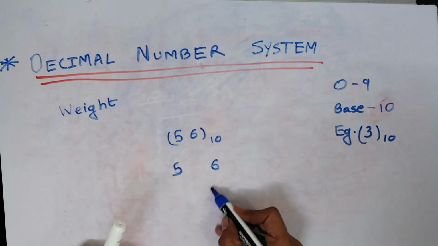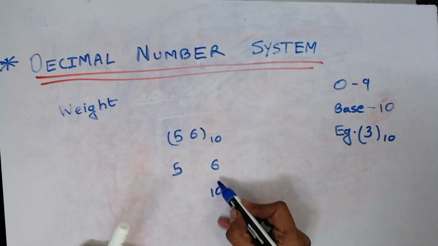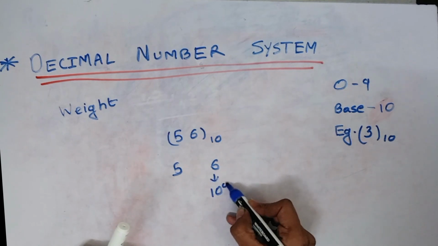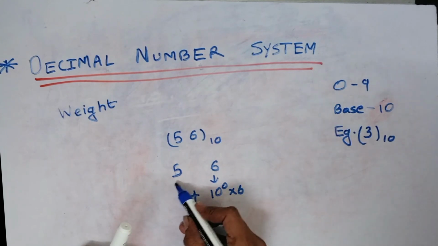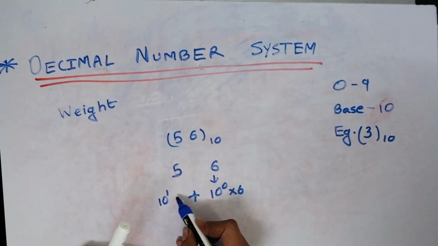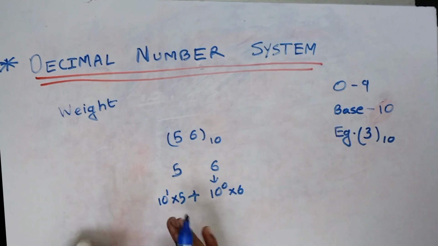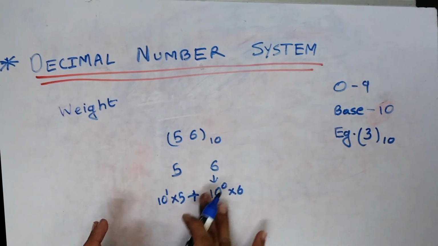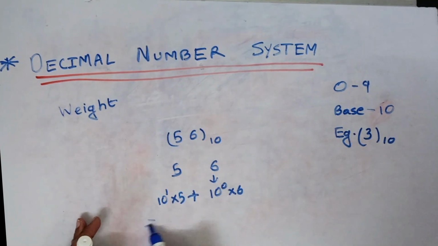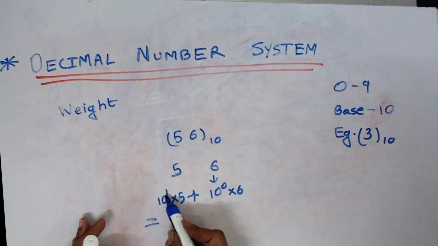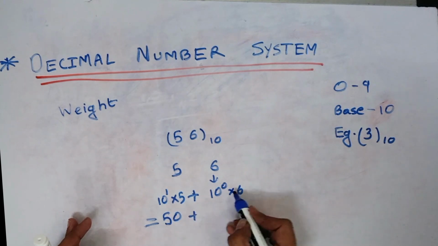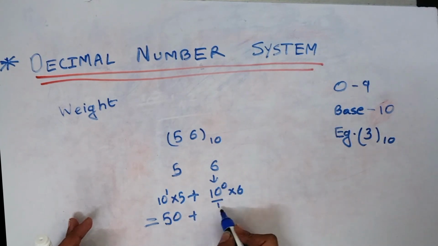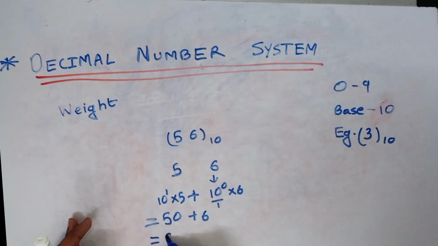So here we can represent this as 10 to the power 0 into 6 plus 10 to the power 1 into 5. As there are only two digits, we will take 0, 1. Now if we calculate the value, 10 raised to 1 is 10, so 10 into 5 is 50, and 10 raised to 0 is nothing but 1, so 1 into 6 is 6, so the final answer is 56.